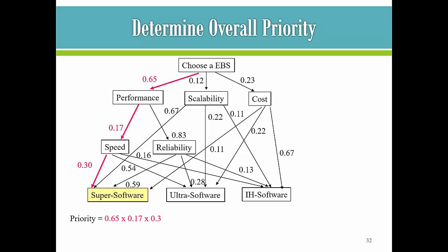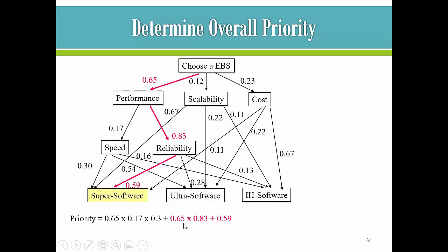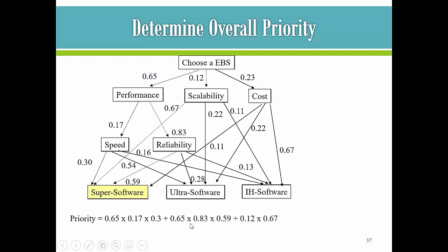For example, the super software includes 4 sets of multiplied numbers. The first set of the multiplied numbers comes from 0.65 times 0.17 times 0.3, plus the second set of the multiplied numbers, and it includes 4 parts.